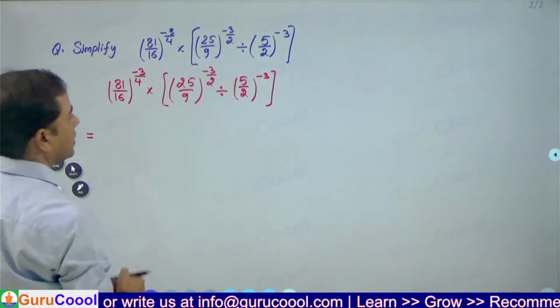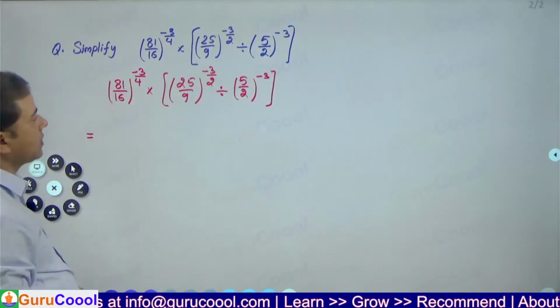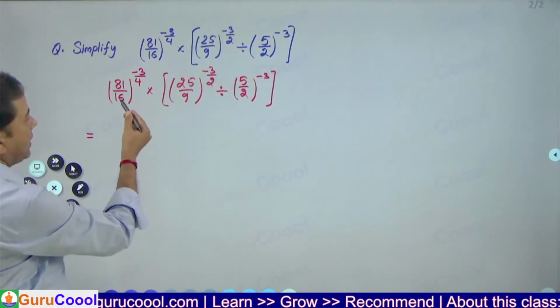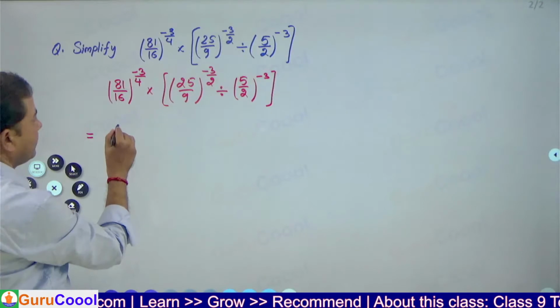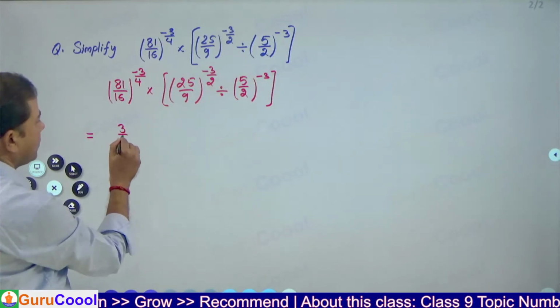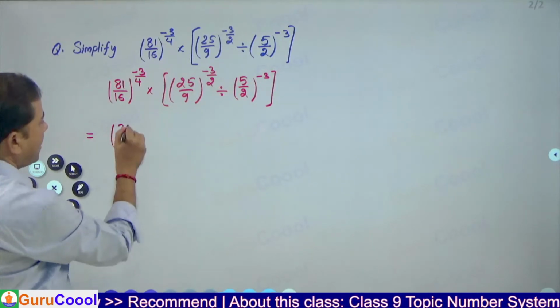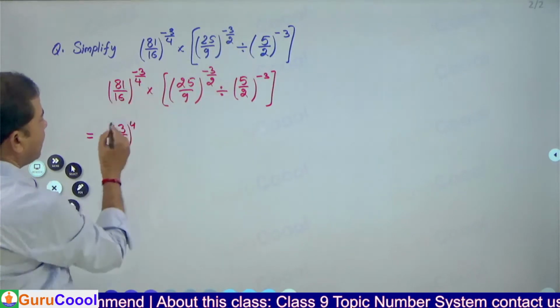Let us make them in the simplest form. 81 is 3 raised to the power 4 and 16 is 2 raised to the power 4. So we can write it as 3 by 2 raised to the power 4 and then another power minus 3 by 4.